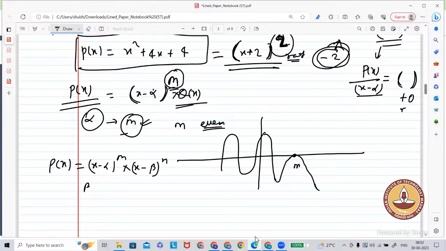And suppose you have another root, delta, so x minus delta, which has multiplicity 1. Multiplicity 1 means you can simply write it without the exponent, and the rest is clear. And suppose this number m is even and this number is odd, and this one we already have.